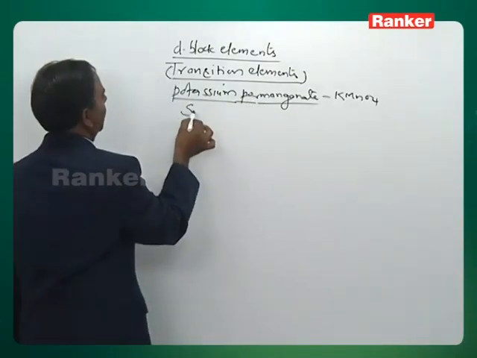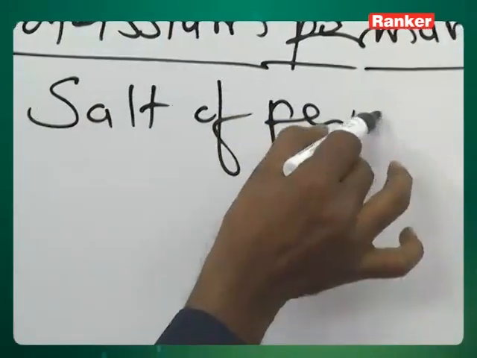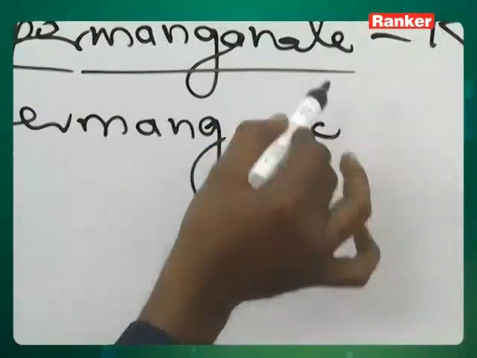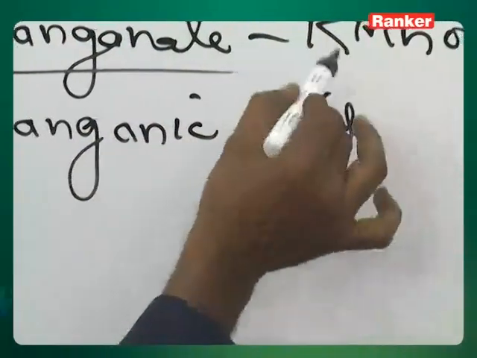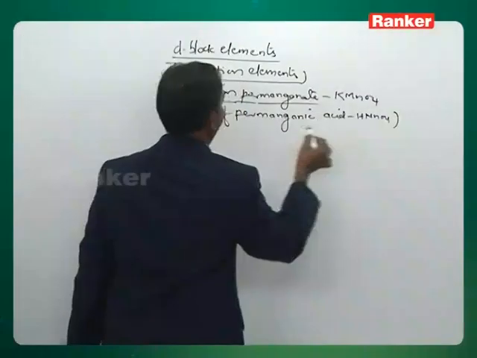It is considered a salt of permanganic acid, HMnO4.